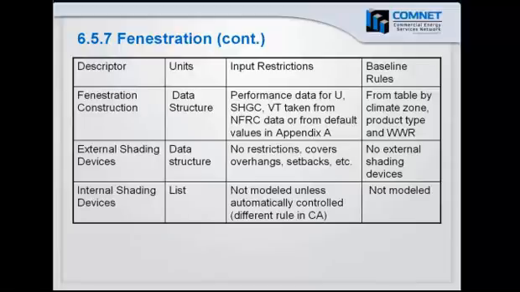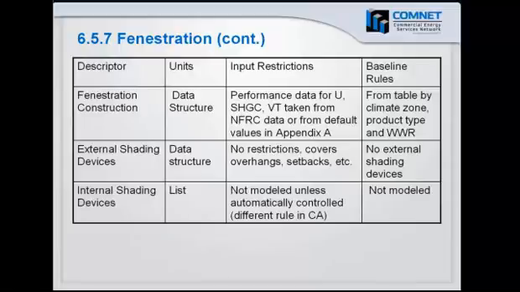So the baseline assumes no external shading, and for the proposed building, there's no restrictions. But of course, like any of these that don't have restrictions, the intent is that it's going to be modeled as the building is designed on the construction documents.